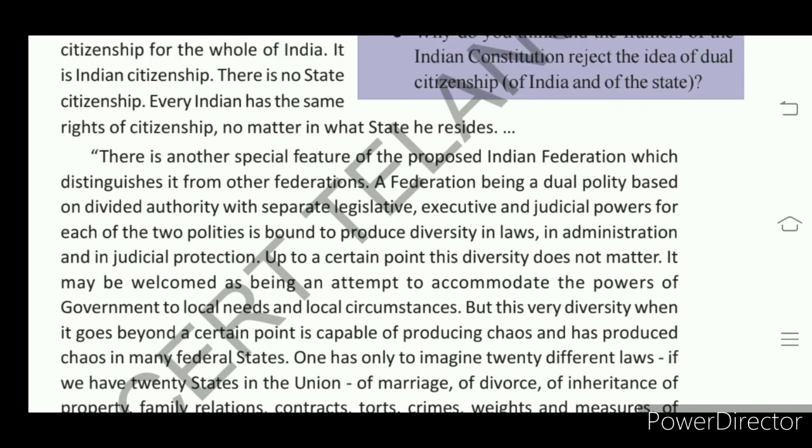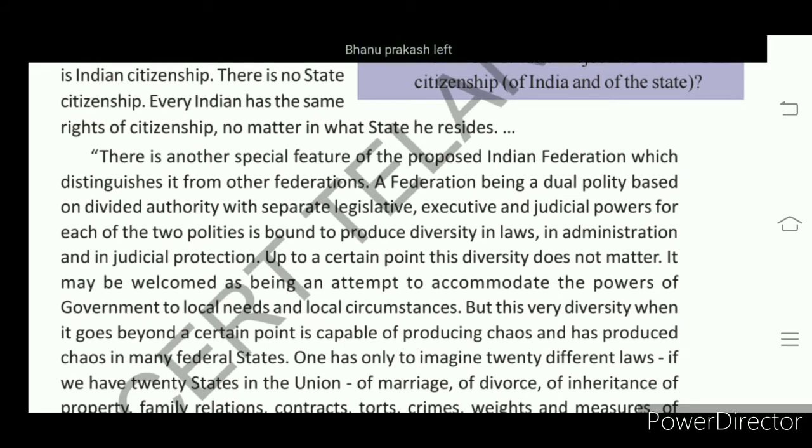Okay. And these 50 diversified laws may not match with federal law at national level. Whereas in India, also the problem may arise. What is the problem? Diversity in laws.